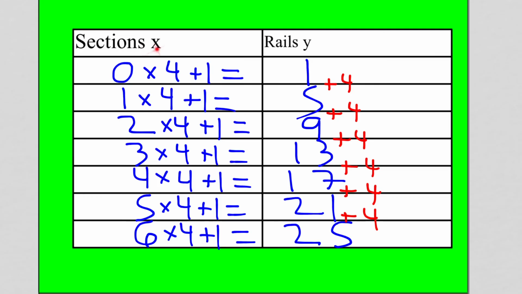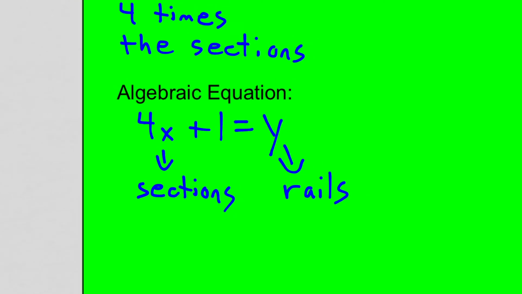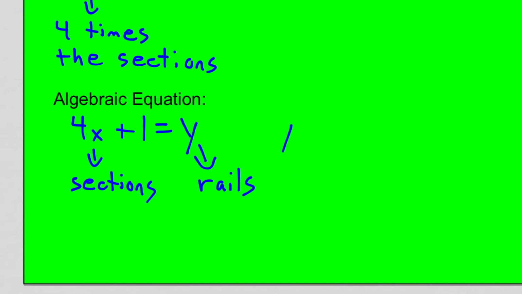X is sections, and y is rails. And we could also reverse this, and we could say, you know what, we'll start with the rails. Number of rails equals 4 times the number of sections plus 1. Okay? So there's our algebraic equation.